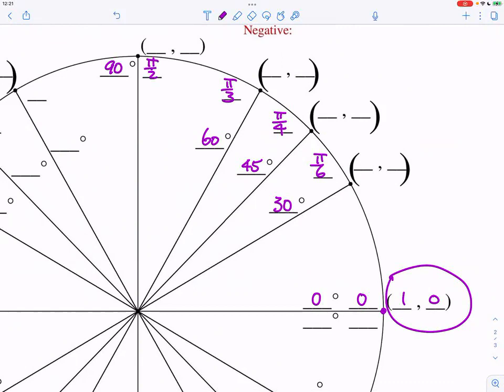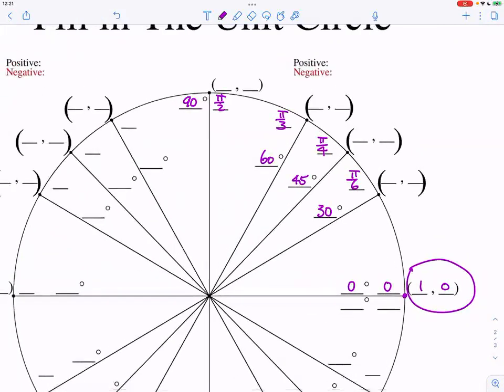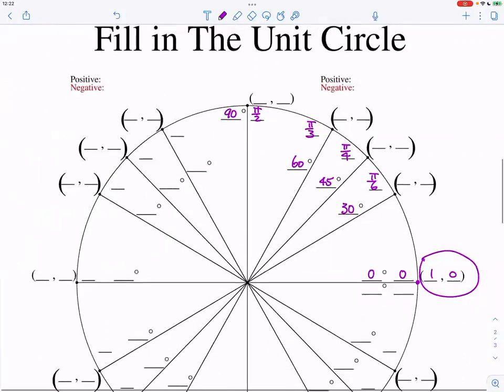Now, one thing I really want you to see is symmetry. Symmetry to the left, symmetry to the bottom. So what about these angles? Well, you know what this angle is. It must be 180, and the radian would be pi.